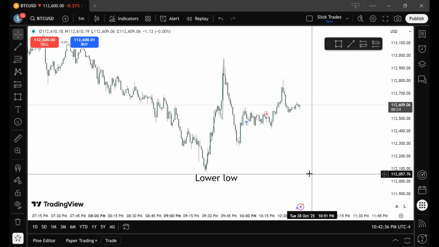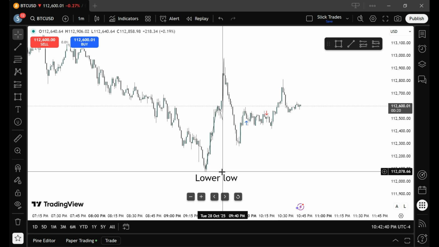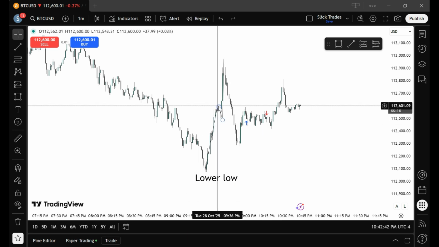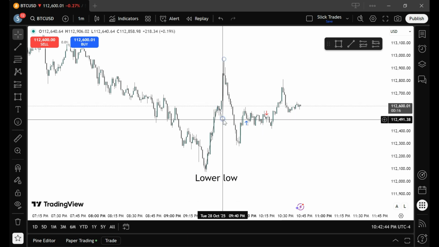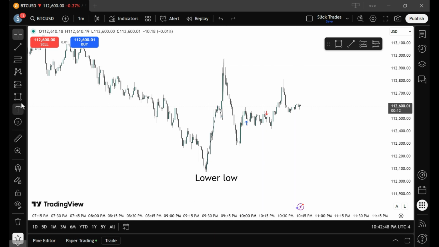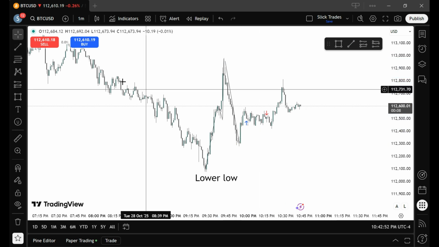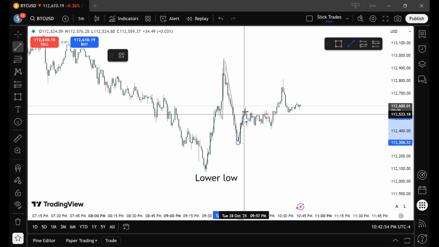That's a lower low, and then you see here we go up, that's a higher high, higher low, higher high. And then going down would be pretty much the same exact concept but backwards.